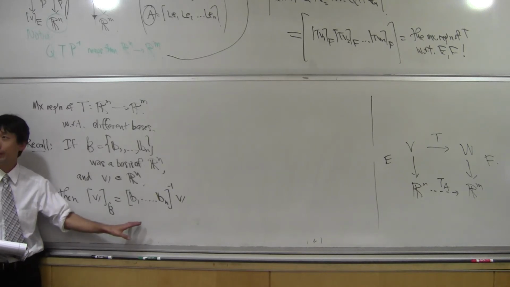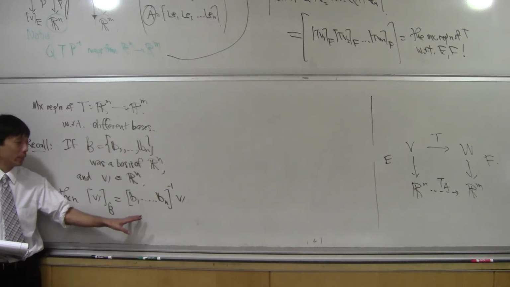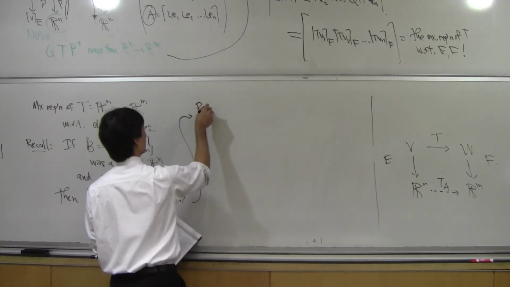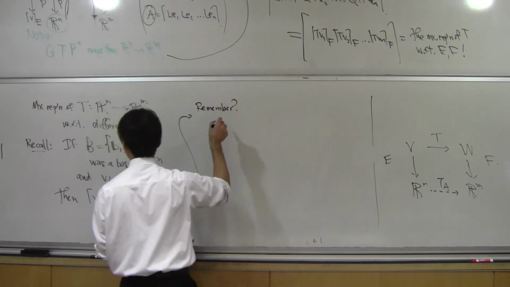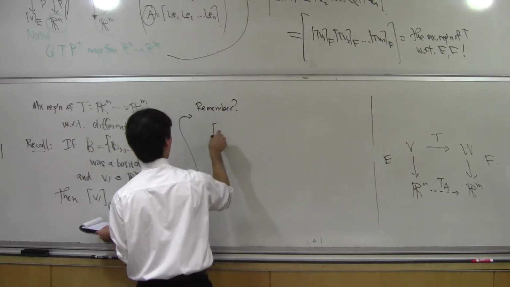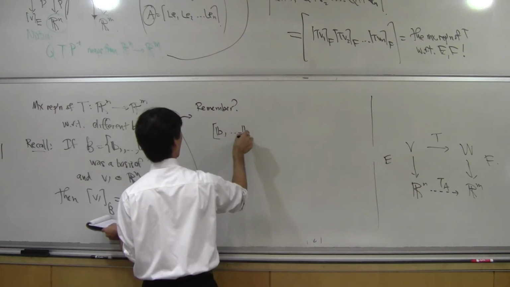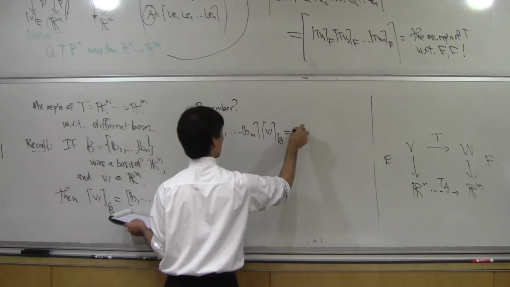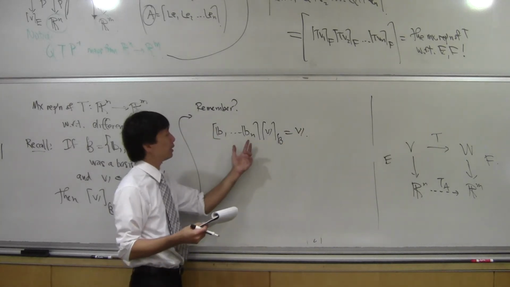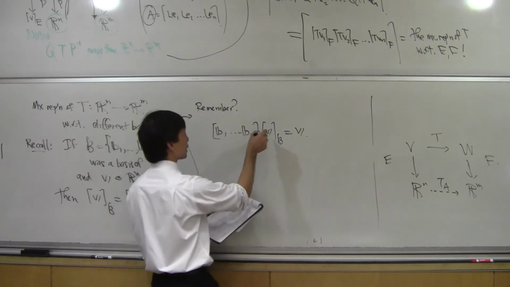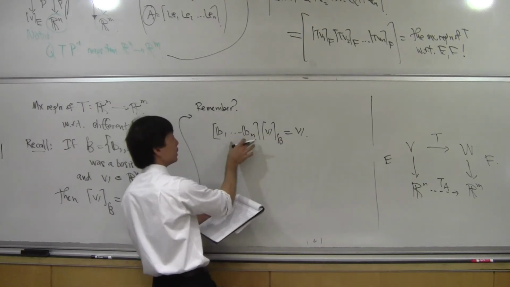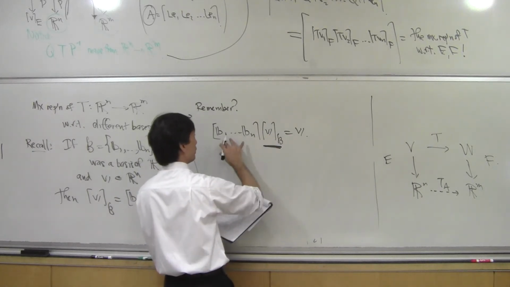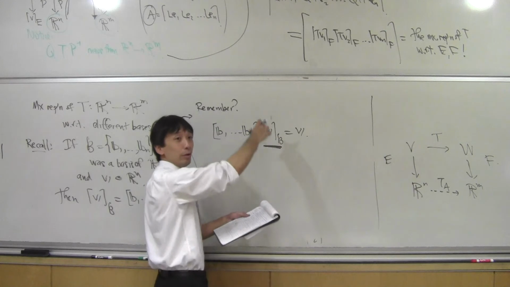Does everybody remember that? The way we got this fact, in case you've forgotten: if you multiply on the left, what this is saying is that V is this linear combination of the columns with these guys as the coefficients.